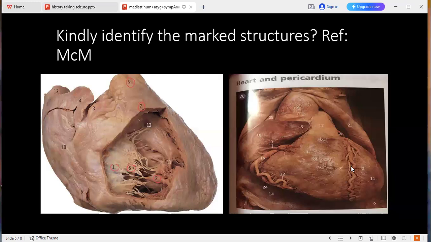Can you please tell me what is thoracic outlet syndrome? So this is a neurovascular syndrome due to the block of the thoracic outlet, and then it might cause obstruction of the brachial plexus and obstruction of the subclavian artery.